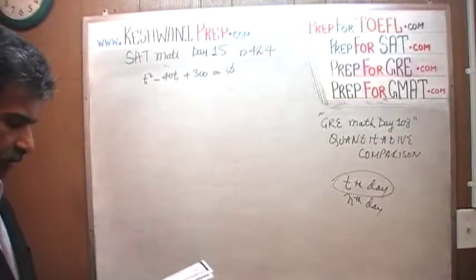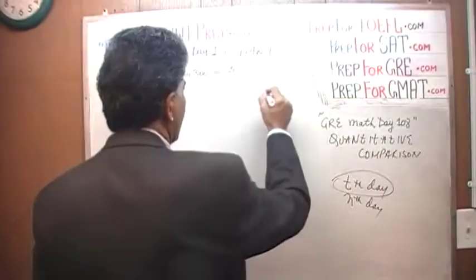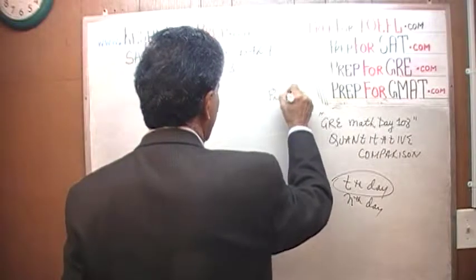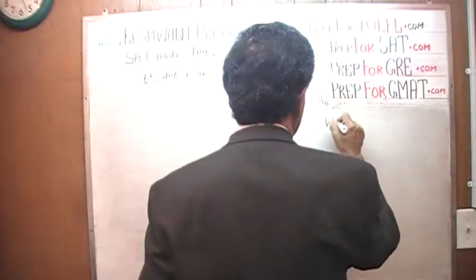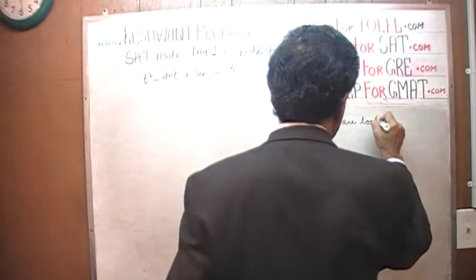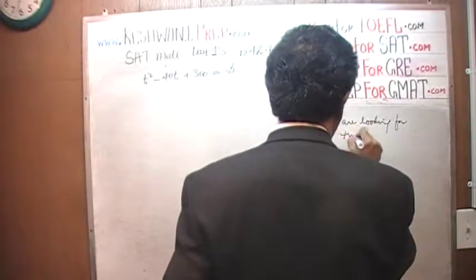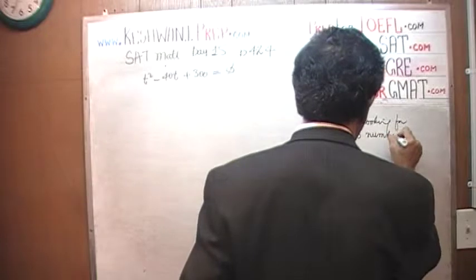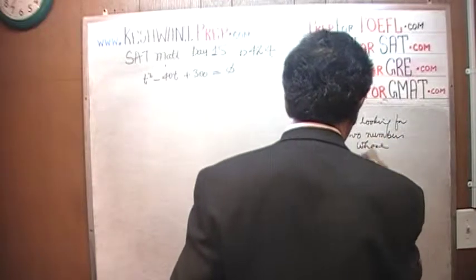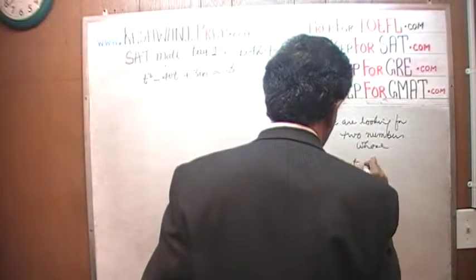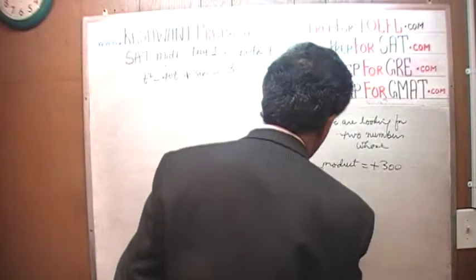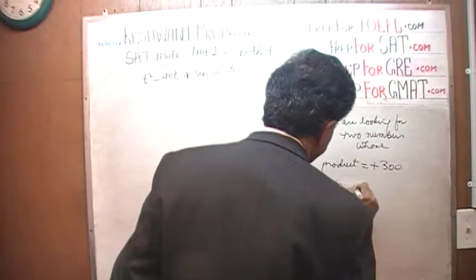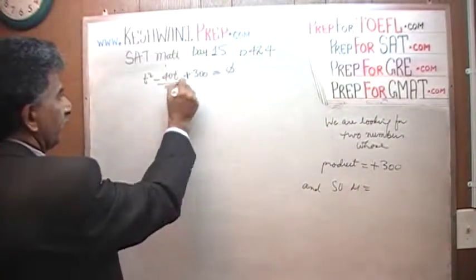So we're looking for two numbers whose product has to equal positive 300 and whose sum has to equal negative 40.